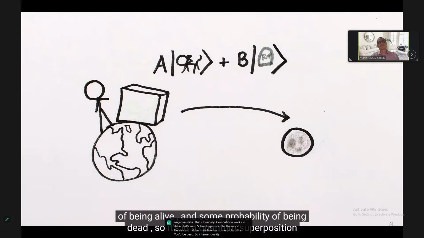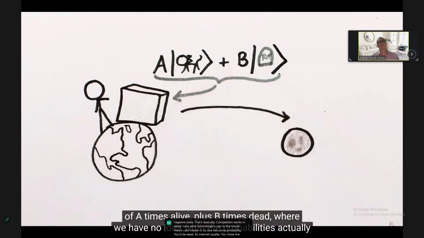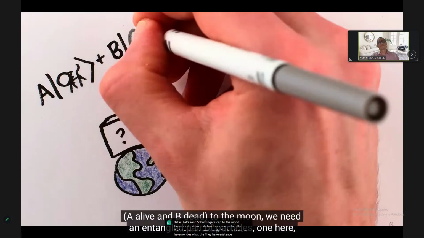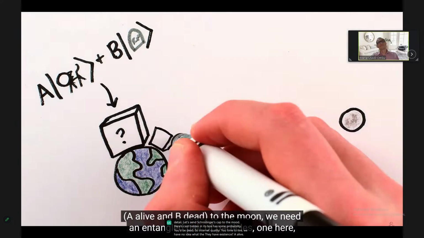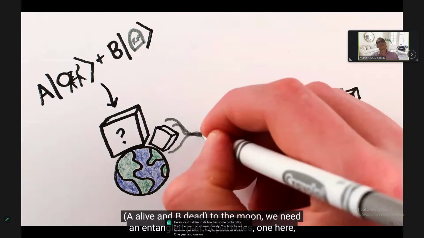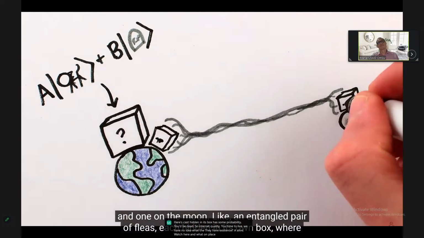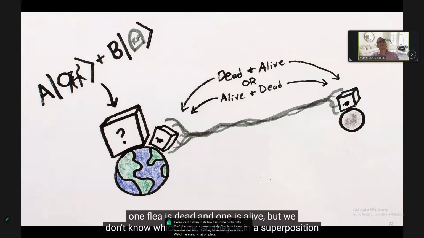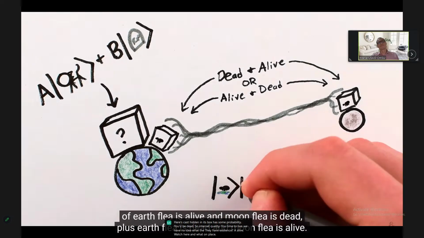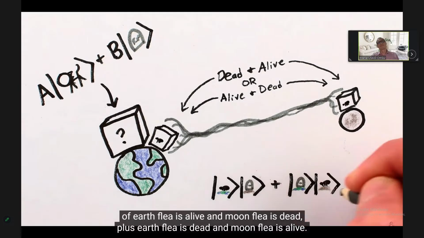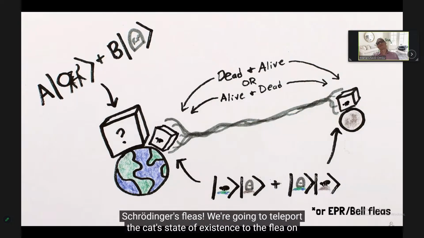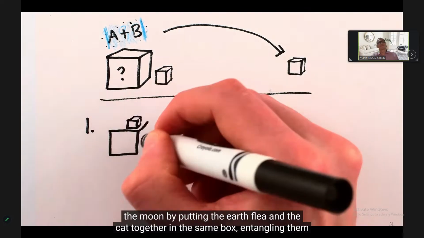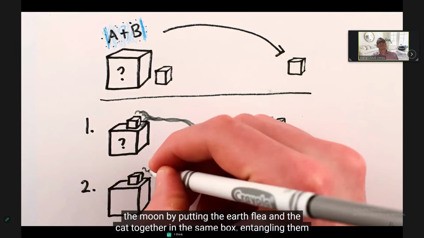So it's in a quantum superposition, where we have no idea what the state of existence is, alive or dead. One here, and one on the entangling.